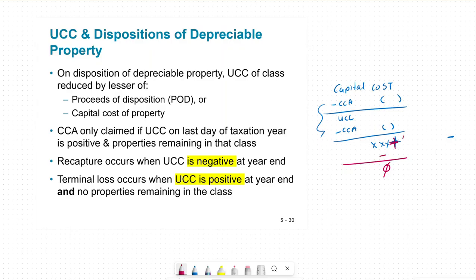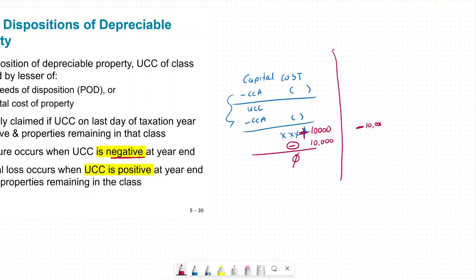If I had a positive $10,000 in my class, in order for me to close it I have to subtract 10,000.